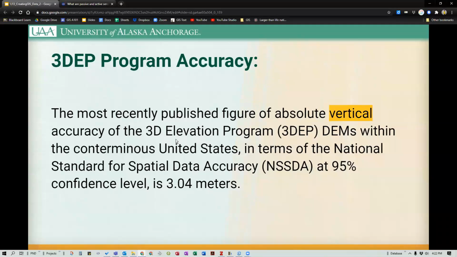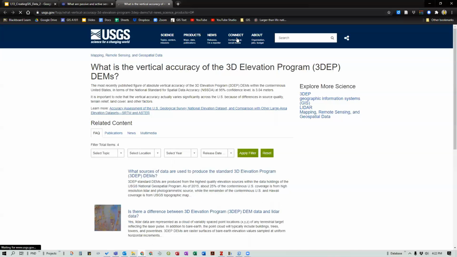And it's compiled from a pretty wide variety of data sources that have some variation in accuracy and resolution. So let's see if this is the link I was looking for.